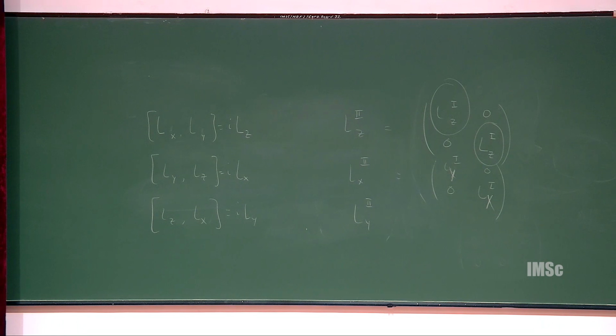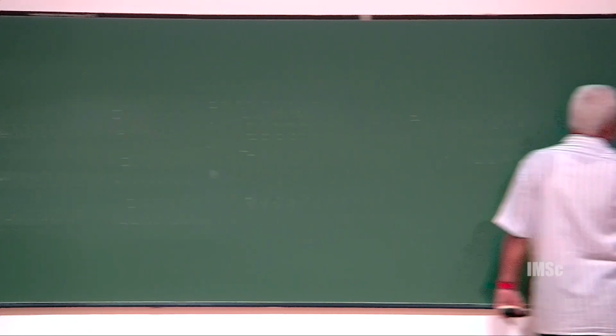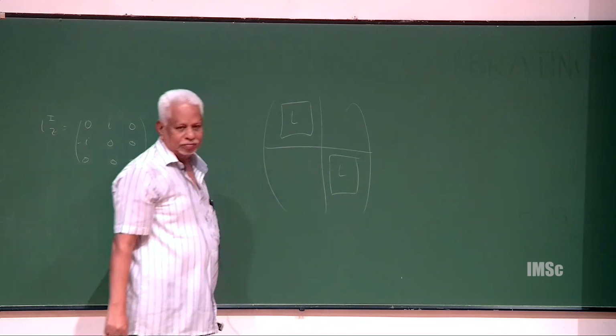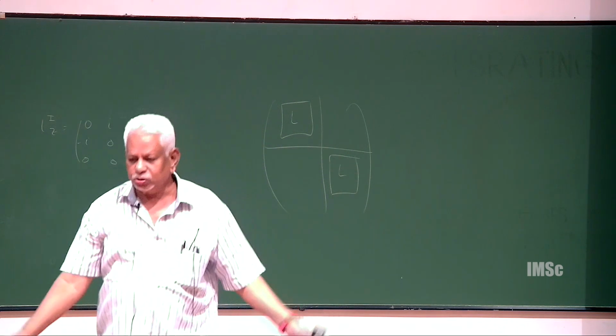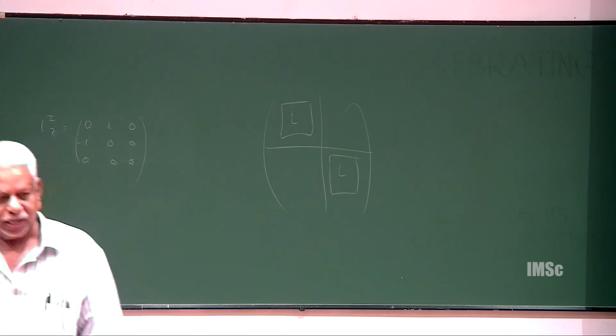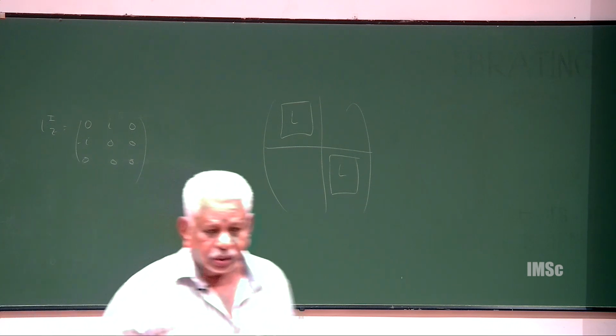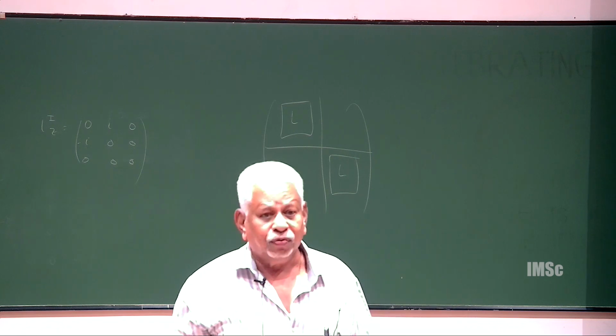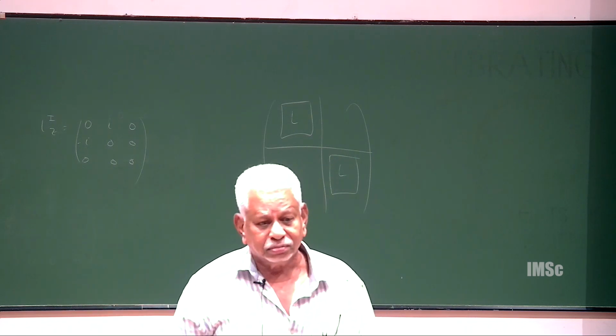So it is like this. This is one block, and this is one block. Everything is L here, the same L. So it's a 6 by 6 matrix, right? Is that agreed? Will this new L2 satisfy those equations?